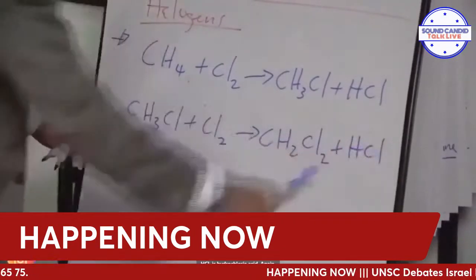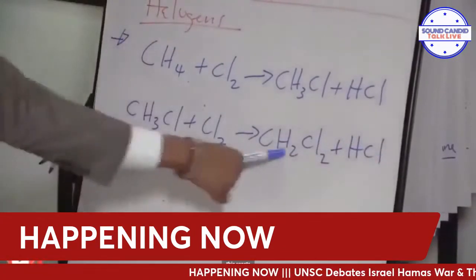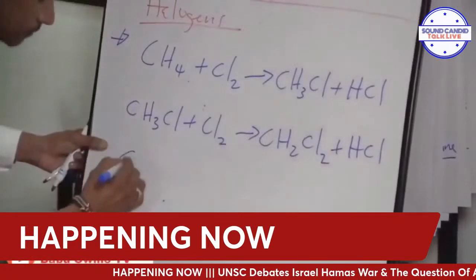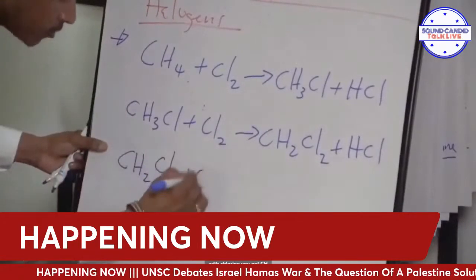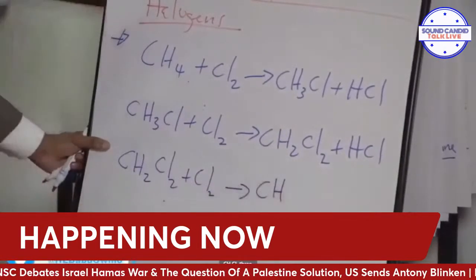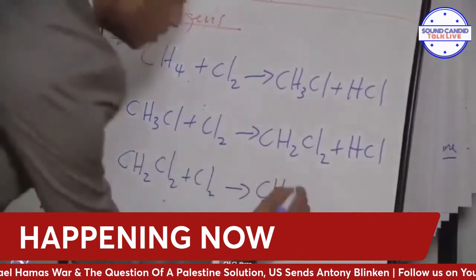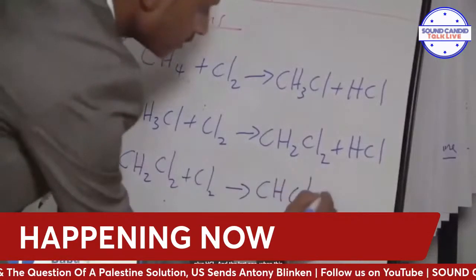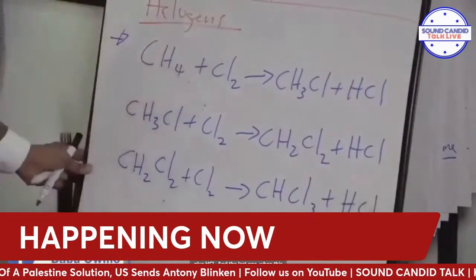HCl is hydrochloric acid. Again, this reacts with chlorine. You get CHCl3 plus HCl.